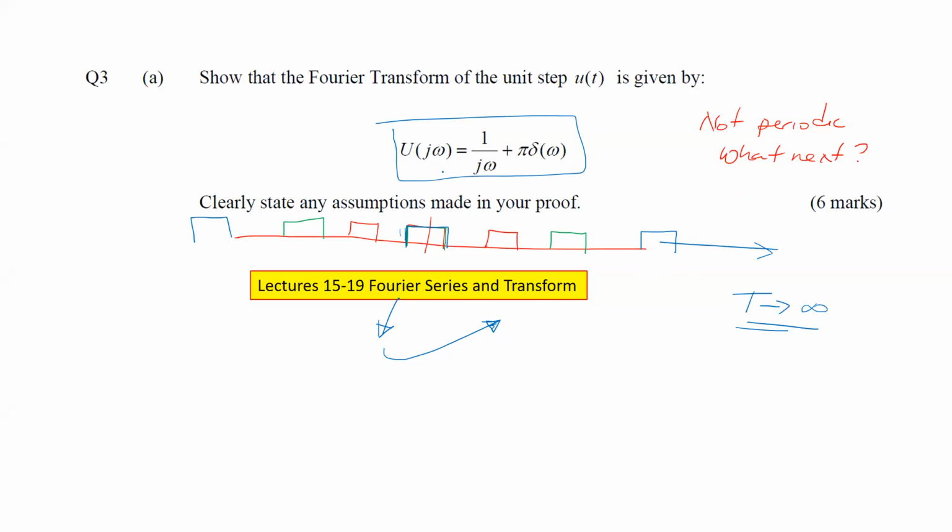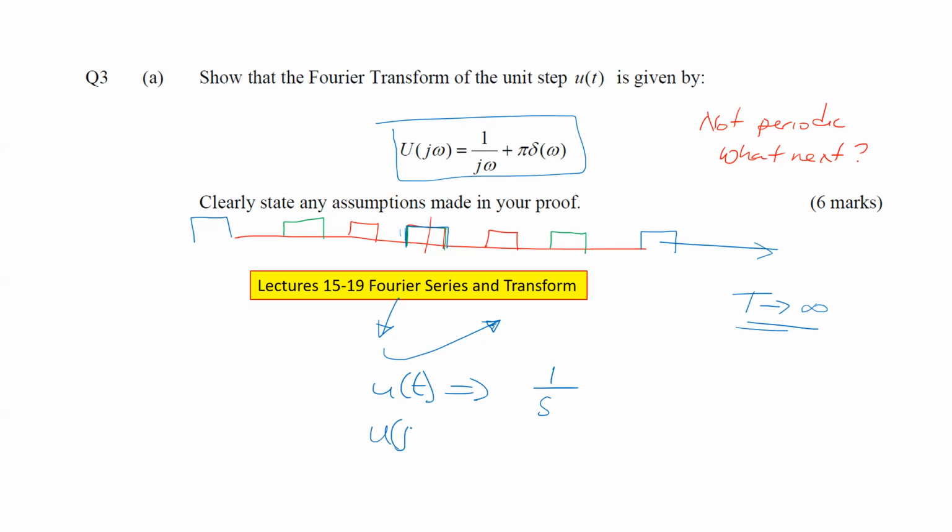So the answer to the question would have been, okay, the unit step u(t) gives me 1 over s in the Laplace domain. We can get the Fourier transform from the Laplace transform in most cases by replacing s with j omega.